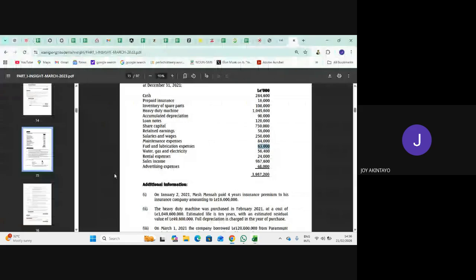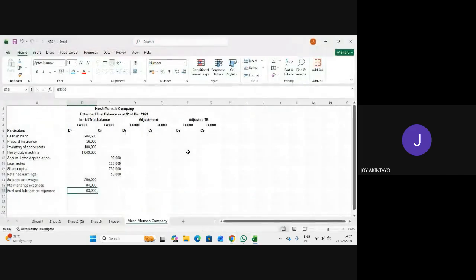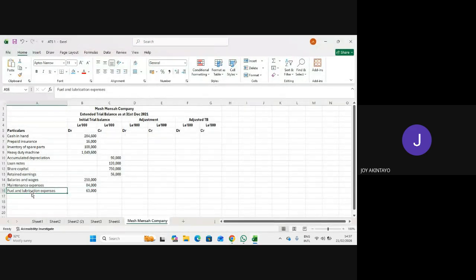Next thing, water, gas, and electricity.